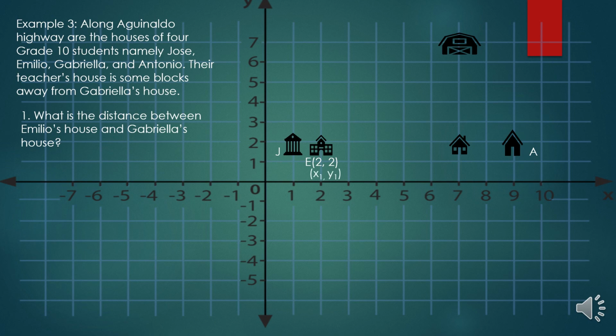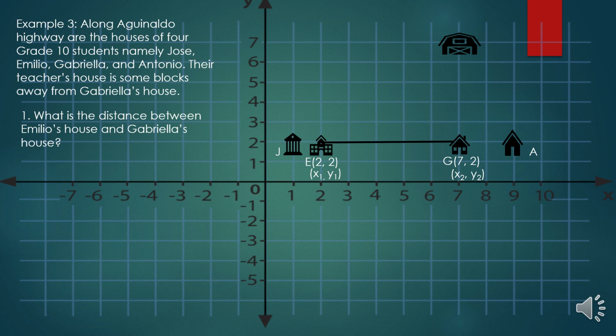Same case in getting the coordinate points of Gabriela's house, we will use the grid in our xy plane, where x is equal to positive 7 and y also is equal to positive 2. This will be now our x sub 2 and y sub 2. Connect Emilio's house to Gabriela's house. We have a horizontal line.